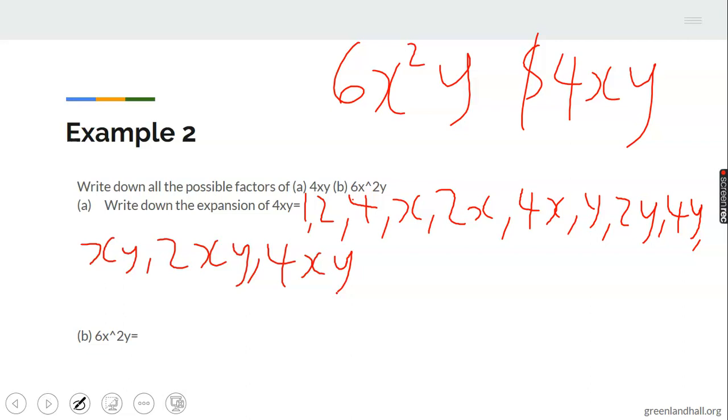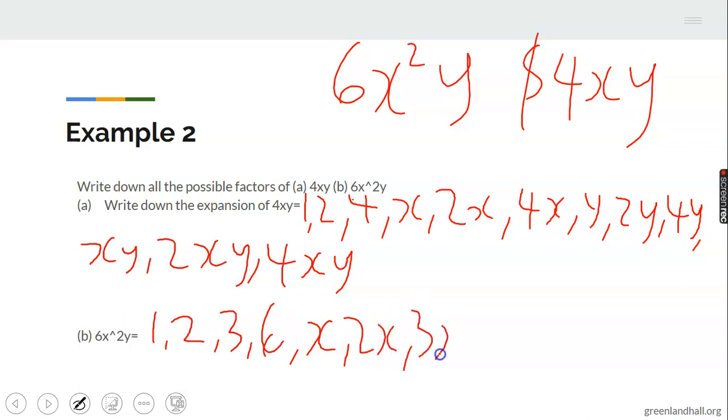Okay, for 6x squared y, let me give you the clue. We have 1, 2, 3, 6. We have x, 2x, 3x, 6x.